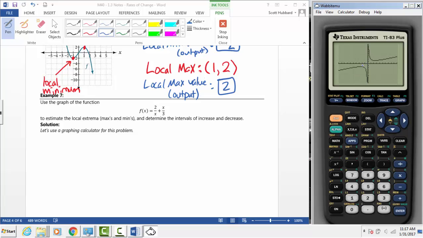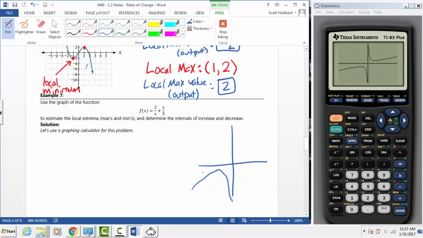Okay, so it looks like, and I don't think I can draw on the screen here, but the local min is right there. Let me just sketch the graph over here. So it looks like it goes like this.